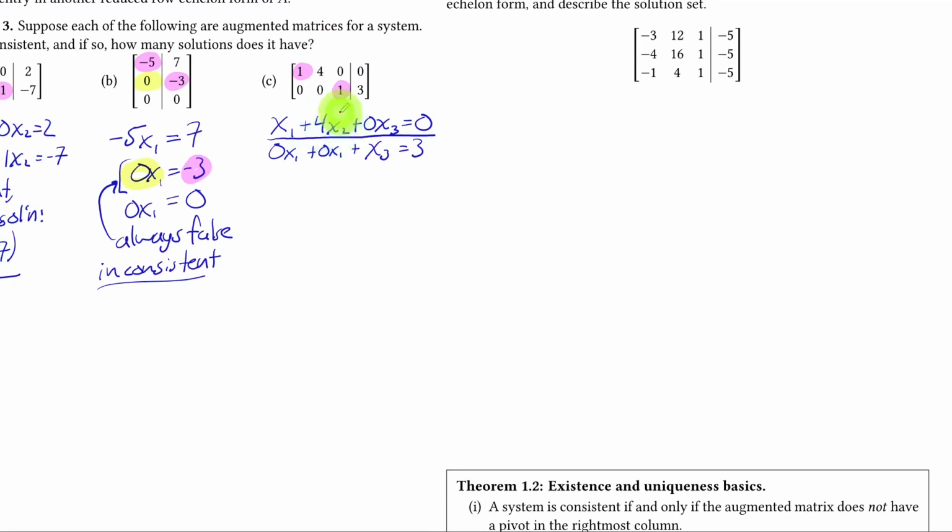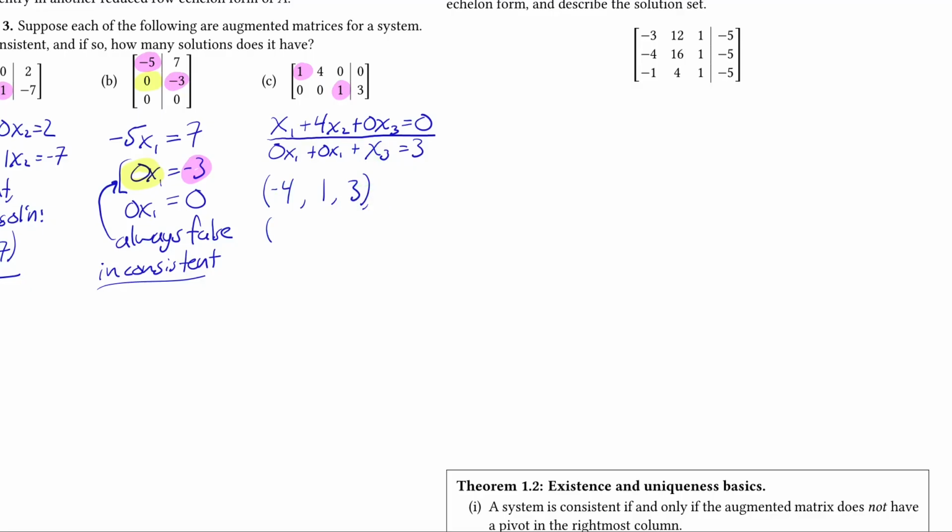So yeah, let's think about what some solutions might be. You can pick anything you want for x2. Maybe x2 could be 1. That means x1 is going to have to be -4, and x3 always has to be 3.